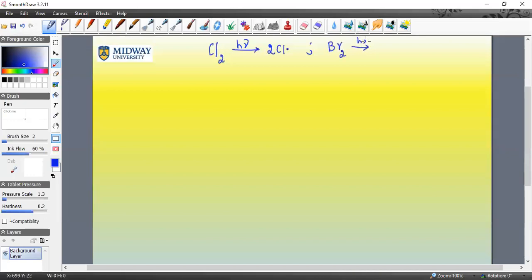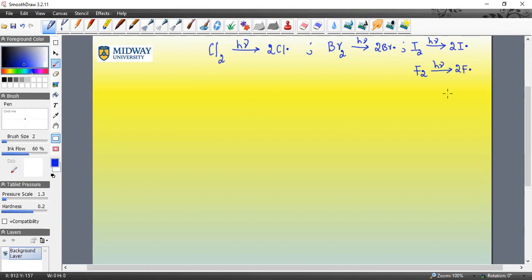It will generate 2Br dot, and then a molecule of iodine would also generate two free radicals of iodine. The same idea could also be extended to fluorine as well. Any halogens pretty much would have the same foundational logic.